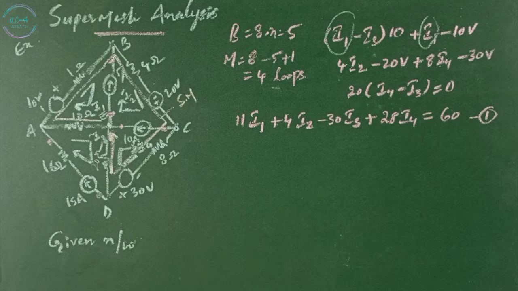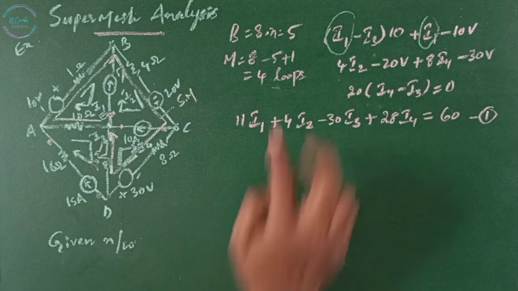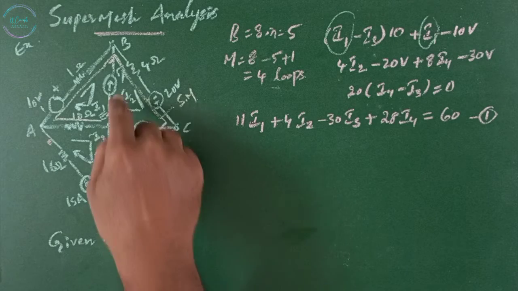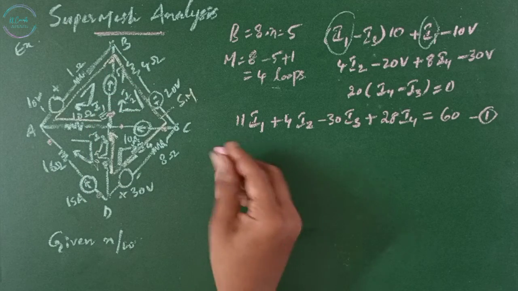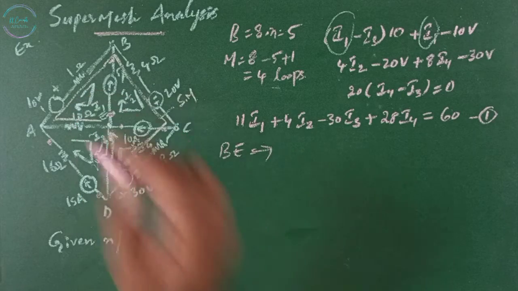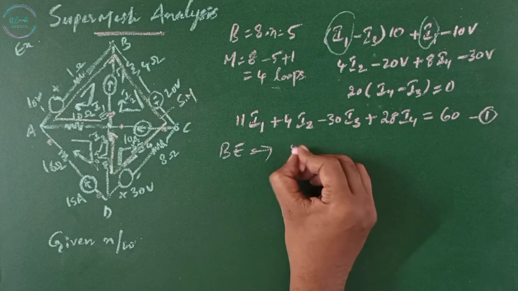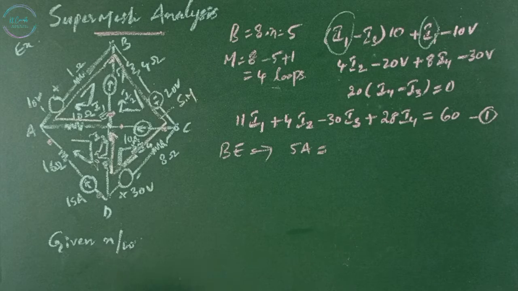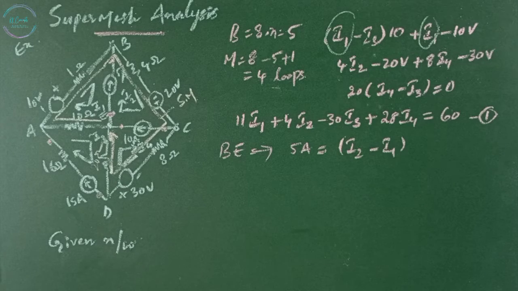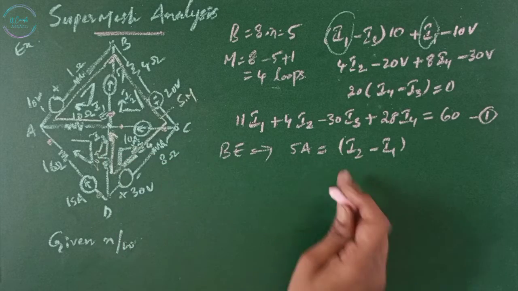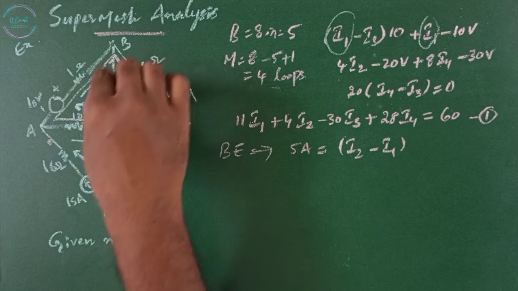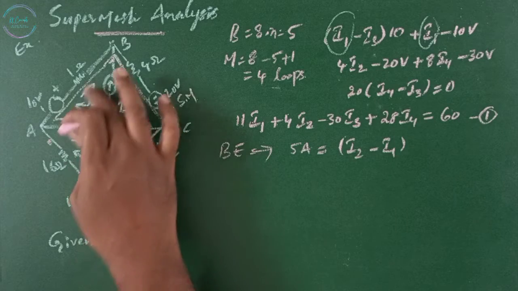Now we have the equation for the super loop, but we need 4 mesh equations as per the formula. The remaining branch is BE. Considering it, we have a current of 5 amps equal to the difference between these two loops, that is I2 minus I1. I am considering I2 as positive since the I2 loop current we assumed is in the same direction as the 5 amp current source, and I1 is in the opposite direction.